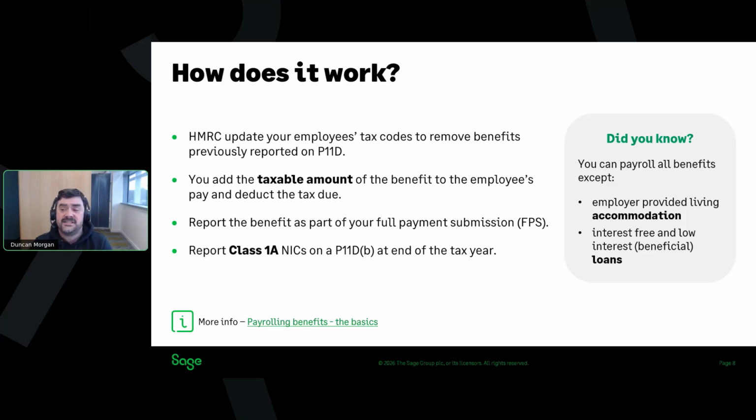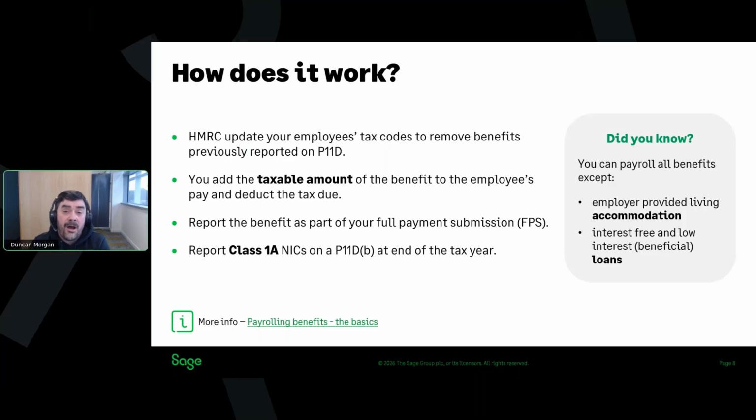That will then be reported to HMRC as part of a full payment submission. And I'm going to show you the type of information that's included currently in the FPS. But remember, you do still need to report your Class 1A national insurance on your P11DB at the end of the tax year.